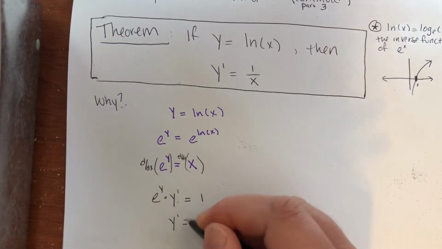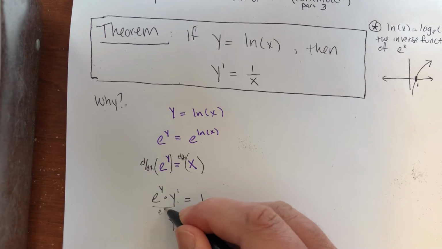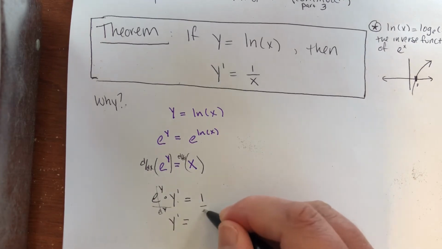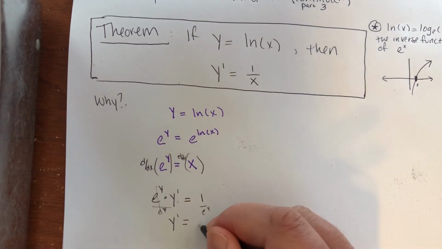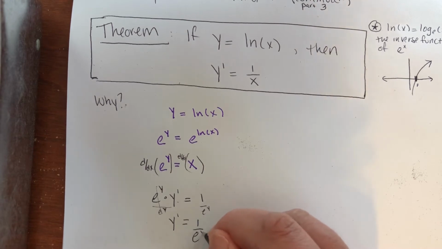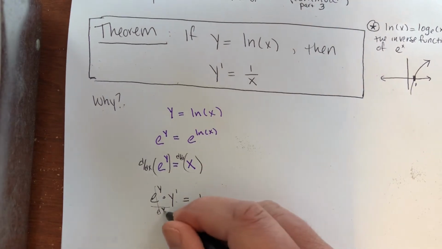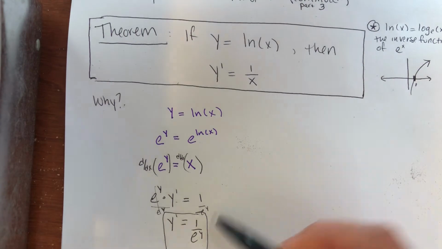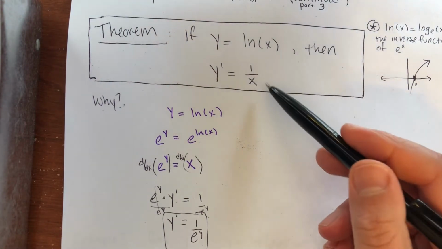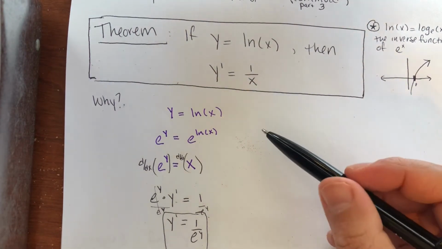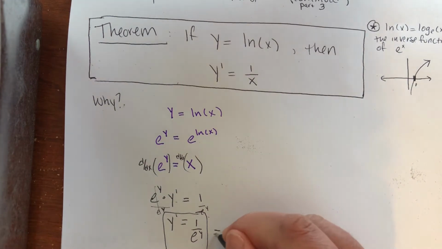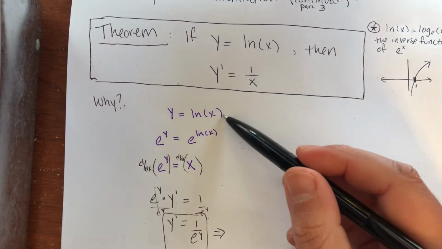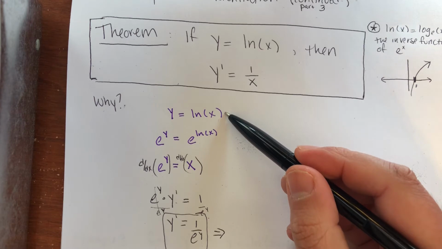And if we solve for y prime here, if we divide both sides by e to the y, we get y prime is equal to 1 over e to the y. Right, which is not exactly what we're trying to show here. We're trying to show that y prime is equal to 1 over x. But remember, from the very beginning, we had said y was equal to ln of x.